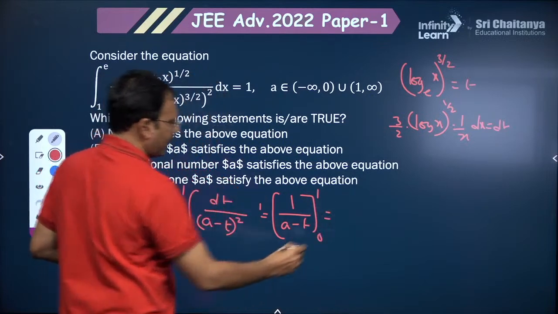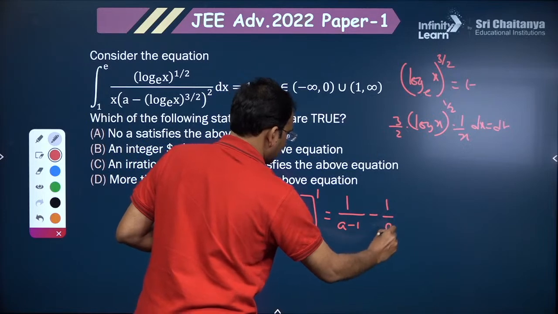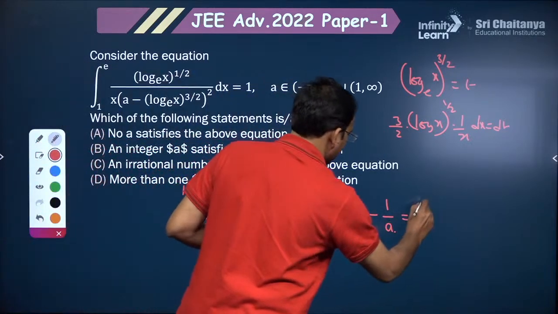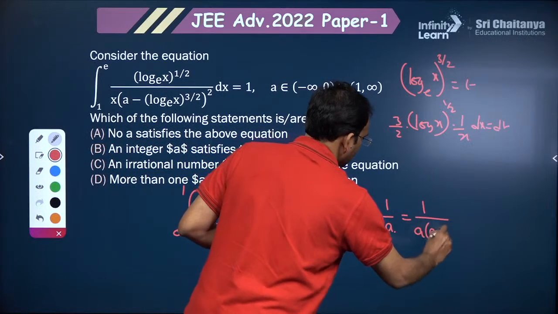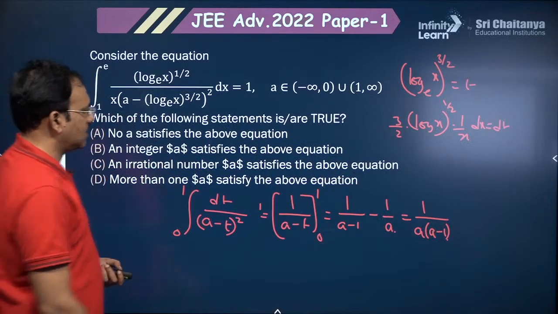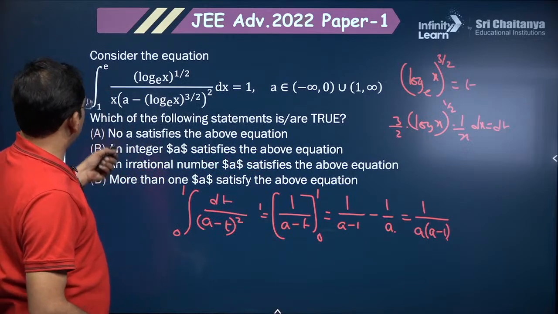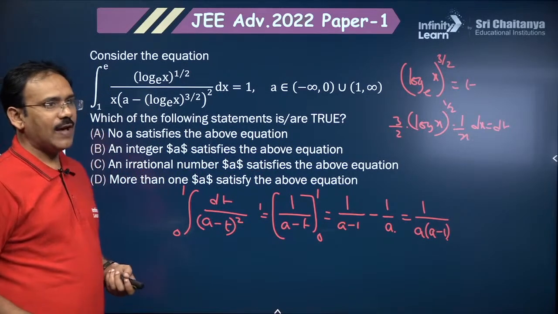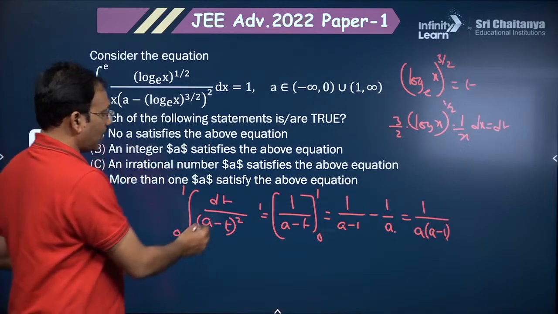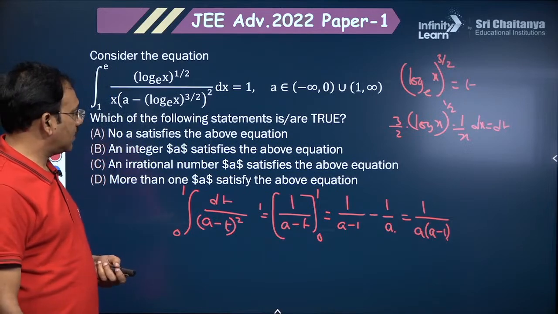So you just apply the limits, my dear friend, this is 1 by (a minus 1) minus 1 by a, which is 1 by a into (a minus 1), is the integral, but given this as 1. He said this particular integral value is going to be 1. Here we just skipped the 3 by 2.